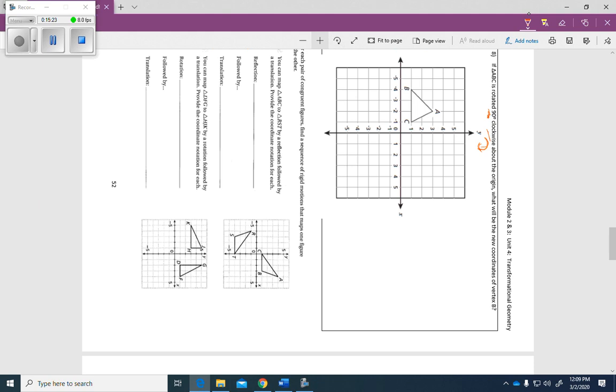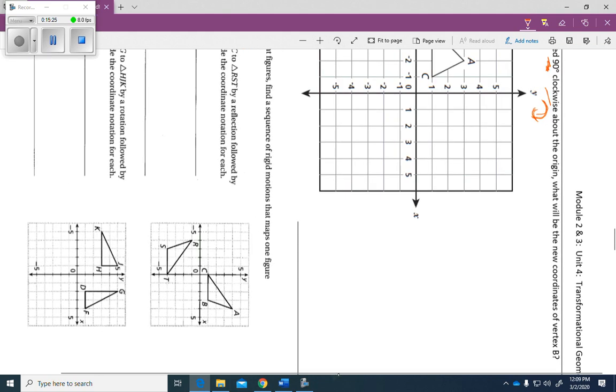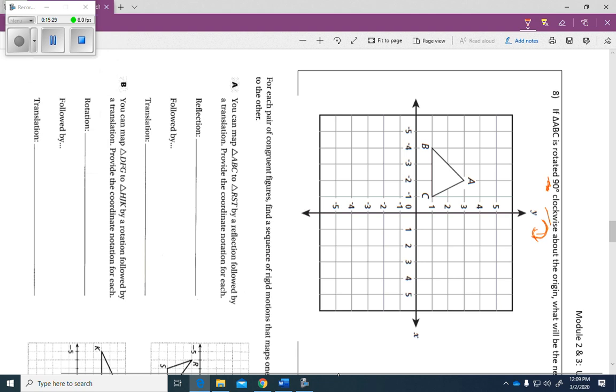So here I am. I could see that it ends up in the first quadrant. I'm pretending that this is my x-axis, and I'm pretending this is my y-axis. I'm pretending I'm holding my paper like normal. So if I was holding my paper like normal, I notice that A is at, ignore all these numbers, don't get confused by them because we're pretending right now.